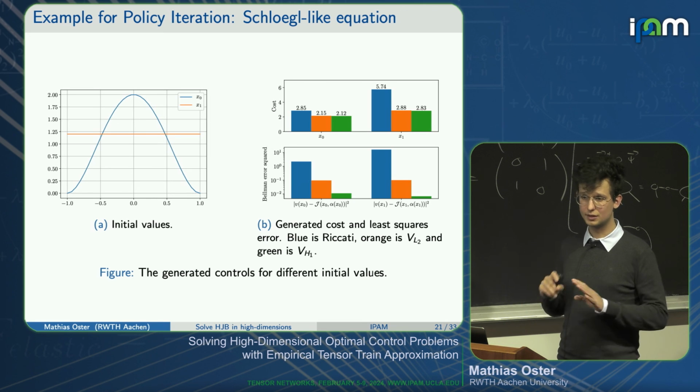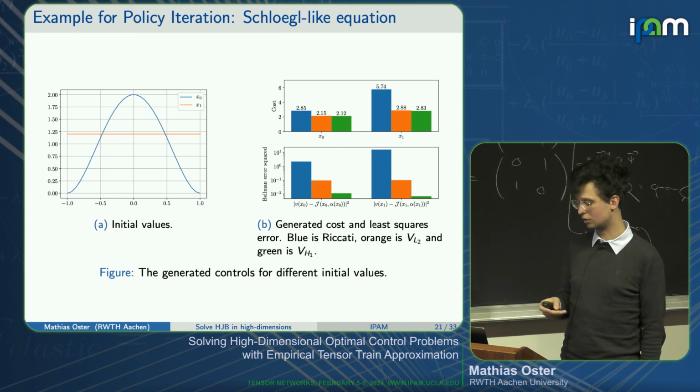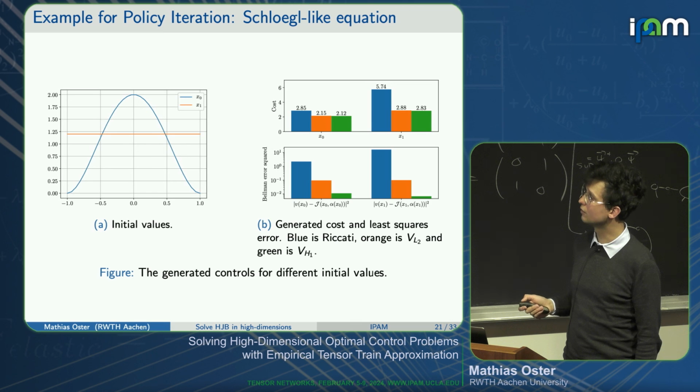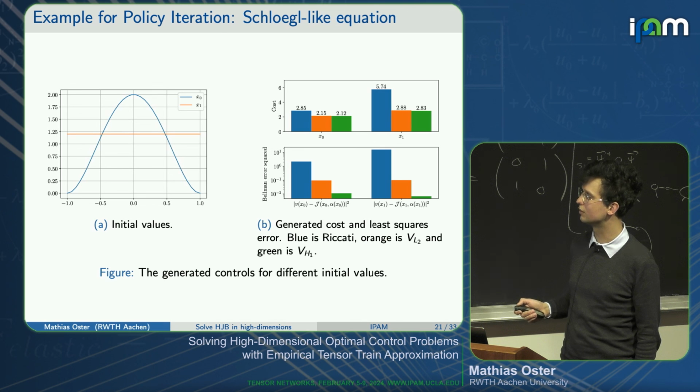It turns out that this is very dependent on the initial datum that you choose to evaluate your optimal control. So we have here two different initial values, the blue curve and the orange curve. Then we evaluated the linear quadratic regulator, here in blue, and our methods with two different regularization terms, orange and green.